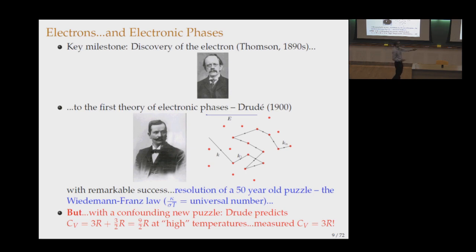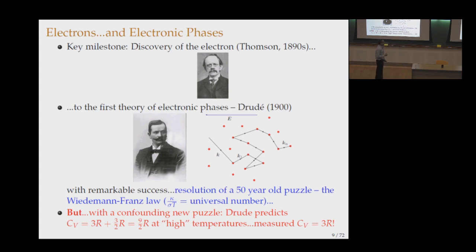There was a 50-year-old puzzle in physics, the Wiedemann-Franz law, which showed that the thermal conductivity divided by the electrical conductivity times absolute temperature is a universal number. By universal, I mean it doesn't depend on which metal you're doing this measurement on, right? This was not understood, why this was happening. And then Drude made this theory based on Thomson's discovery.